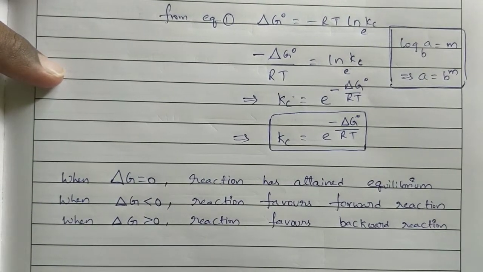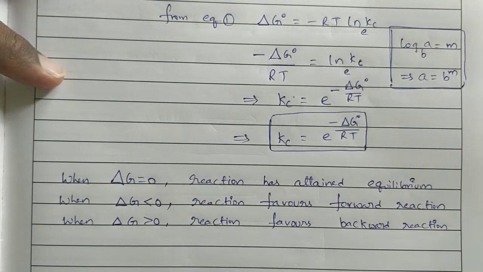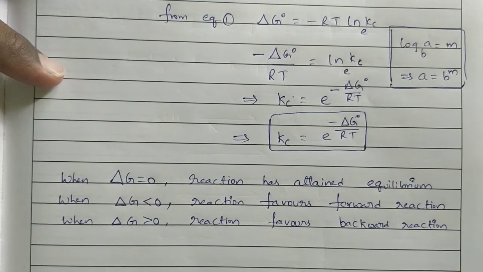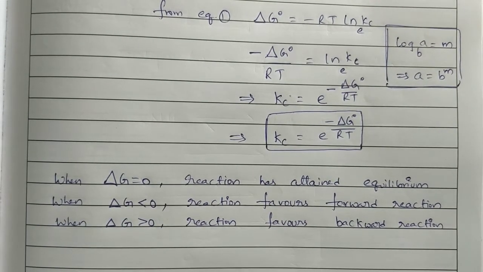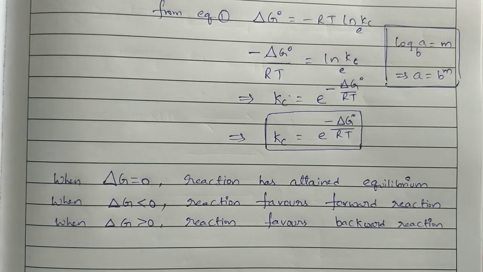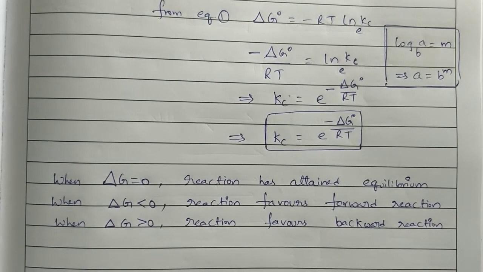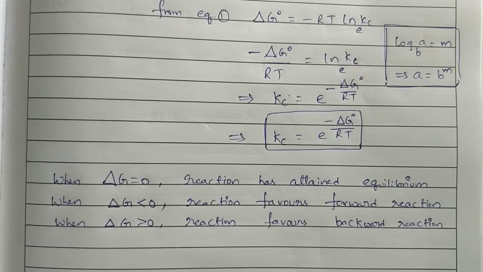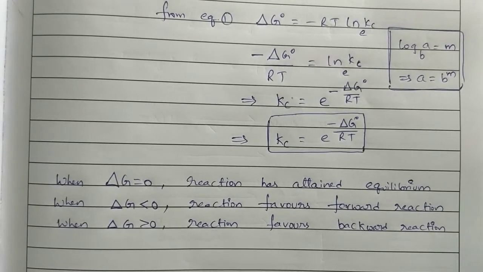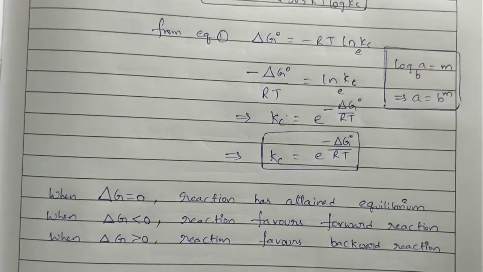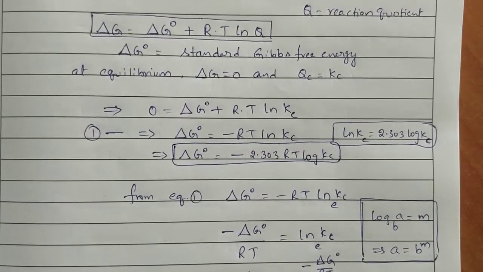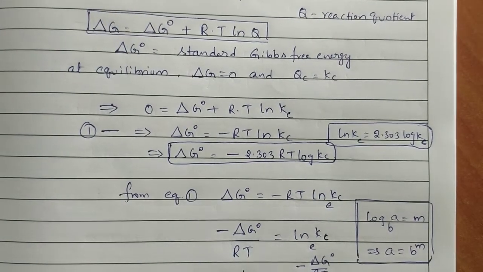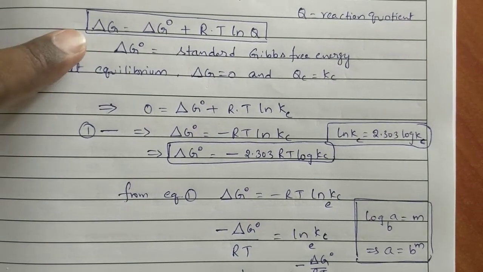These terms you will get more clarity on in the thermodynamics chapter. Before that, I hope this one is clear for you. Delta G is equal to 0, reaction has attained equilibrium. Delta G is less than 0, reaction favors forward reaction. When delta G is greater than 0, reaction favors backward reaction. And these are the relationships between delta G, that means Gibbs free energy, Kc, equilibrium constant, and Q, reaction coefficient.